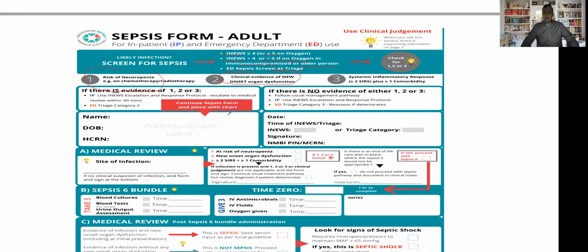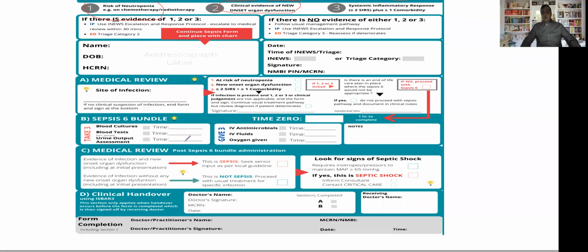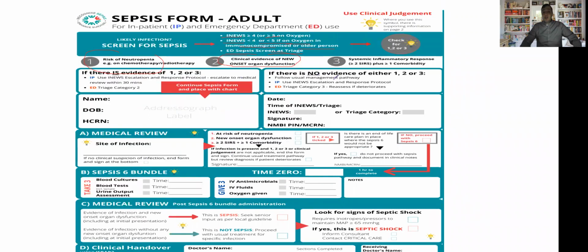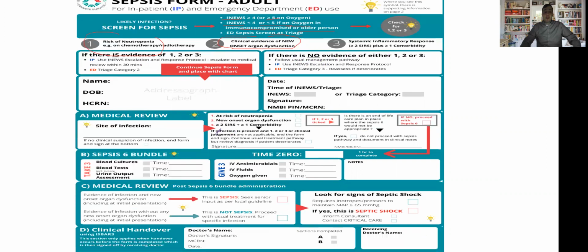Continue the sepsis form and place. So start the management for the patient as he has sepsis. If there is no evidence of either 1, 2, or 3, then follow the usual management pathway.